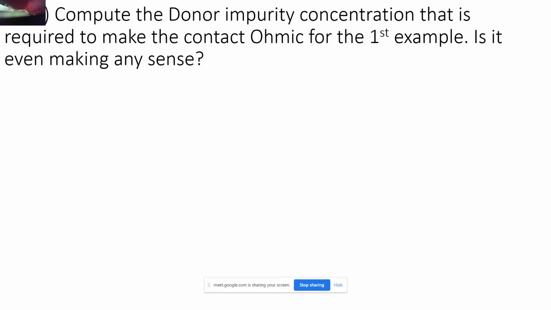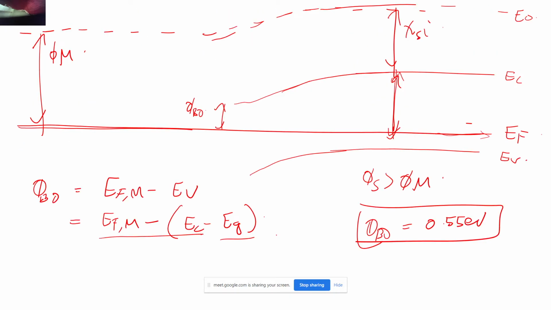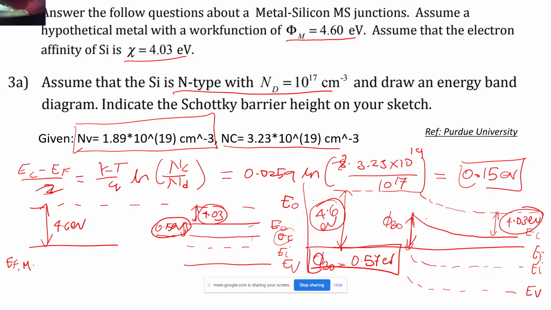Okay, so I will just give you guys this question as homework. Now what has been asked over here: compute the donor impurity concentration that is required to make the contact ohmic for the first example, and does it even make sense, right? As we know, in the first case we have clearly seen that phi m is greater than phi s, right?